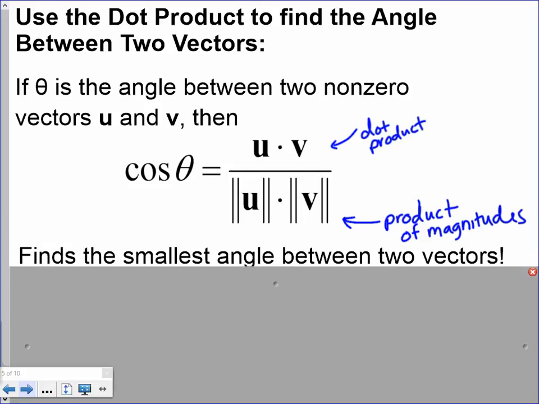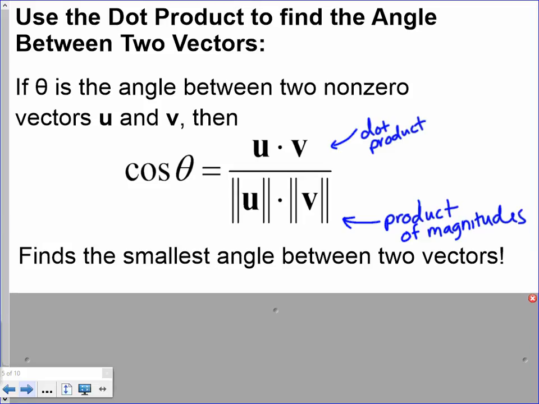And a couple of things to note about this formula. The formula finds the smallest angle between two vectors. There are actually infinitely many angles between the two vectors. And I'll just go ahead and draw a visual so you can kind of picture what this means.